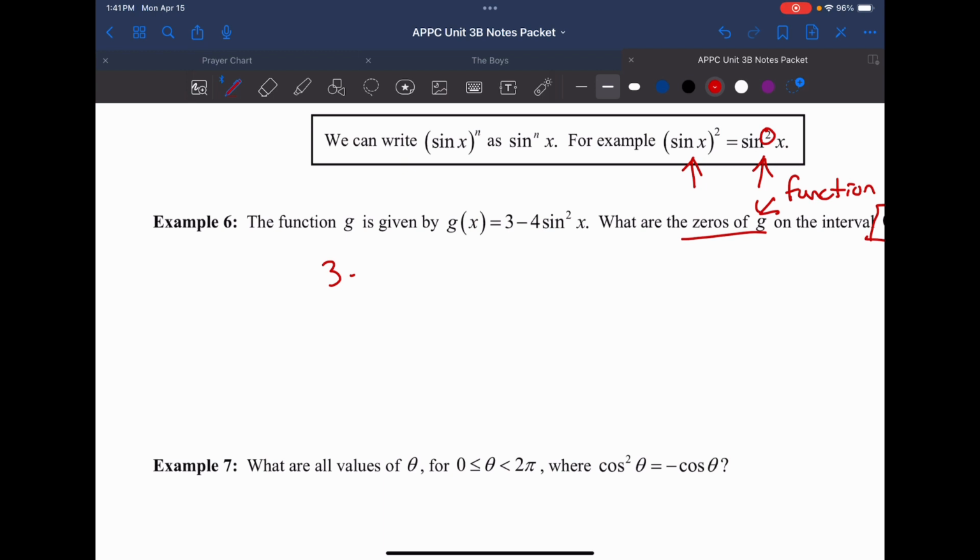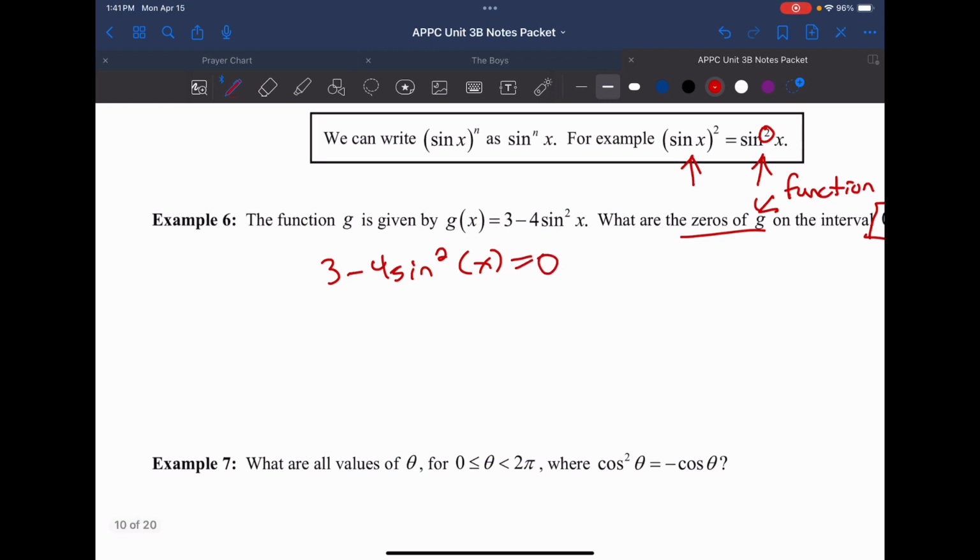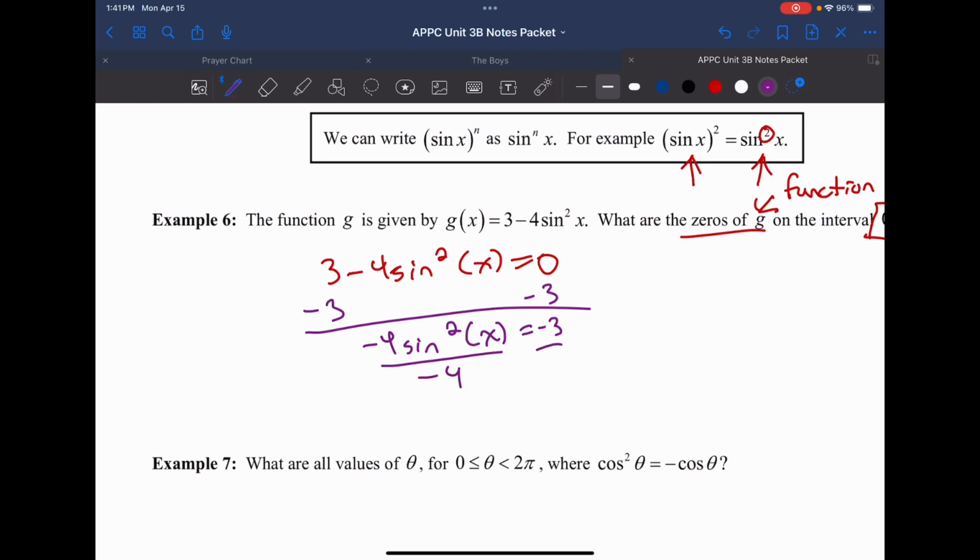So 3 minus 4 sine squared x. And the nice thing is this works very similarly to what you would think it would do. So I subtract 3. That gives me negative 4 sine squared x equals negative 3, divided by negative 4.